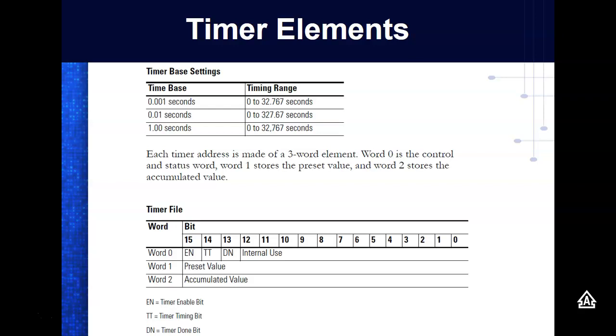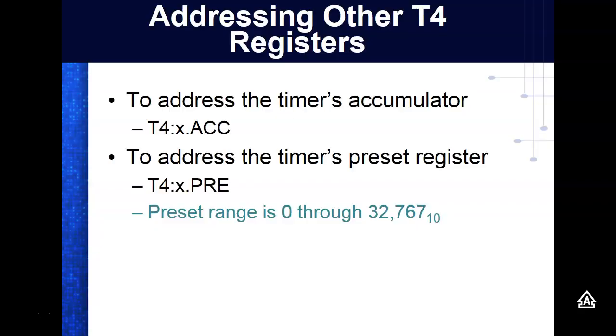15. But what they do, to make it easy so I don't have to know these addresses, is these word names. So ACC is the name for the accumulator. So if I wanted to address the accumulator, I would come up here and that's what I would do.